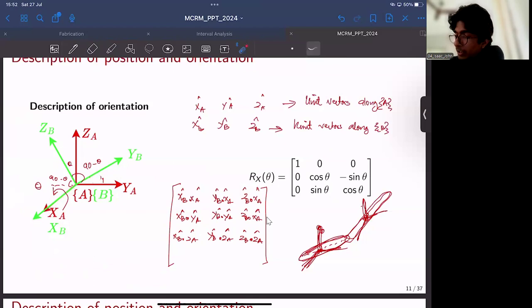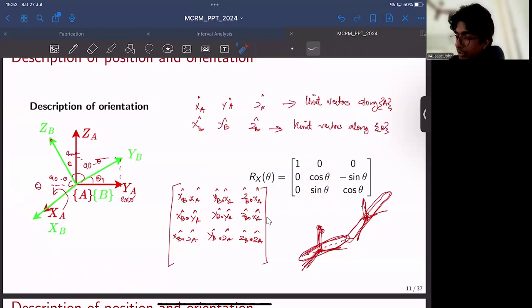The direction cosine between YB and YA would be cos theta, and between YB and ZA would be sin theta. This would be cos theta, this would be sin theta. That is what these two entries are about.